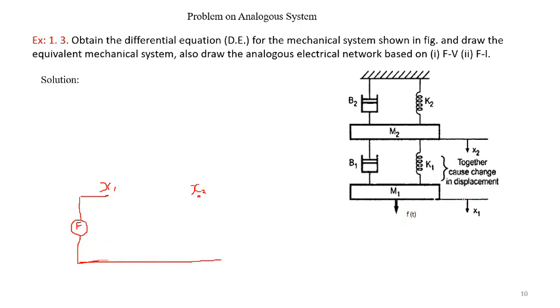Between the first mass displacement and the reference we have mass 1. Between displacement x1 and x2 we have the common elements B1 and K1. Both are in parallel, so it will be here.